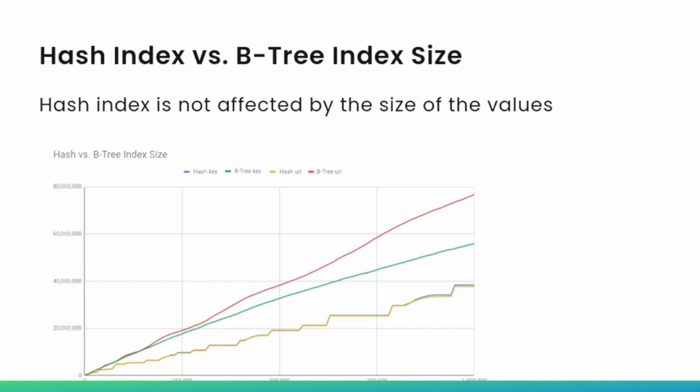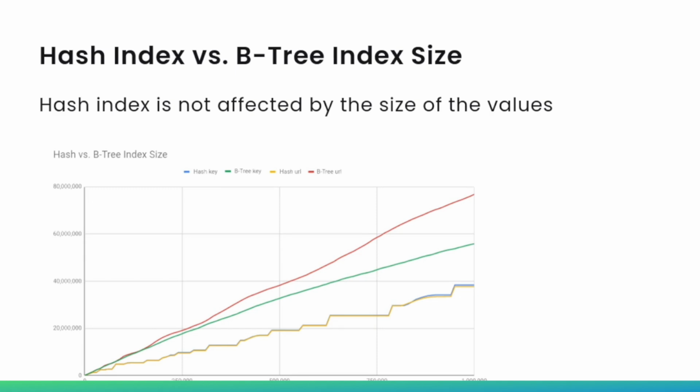So the first observation here that you need to understand is that if you remember, when we talked about the B-tree index, we saw that the value that we indexed is stored in the leaf block, okay? So when the value is big, it affects the size of the index, right?